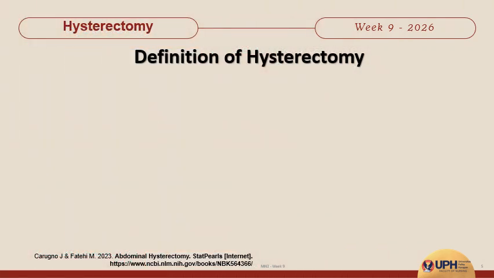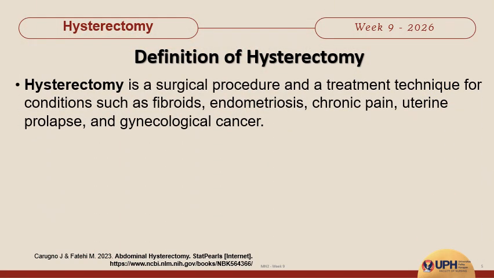Well, what is hysterectomy? We're going to see the definition. It's a surgical procedure, or a treatment technique, for conditions such as fibroids and endometriosis accompanied by chronic pain, as well as uterine prolapse, or even gynecological cancer.